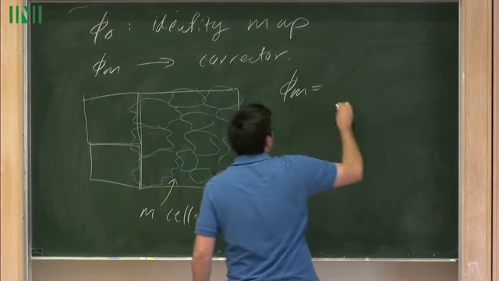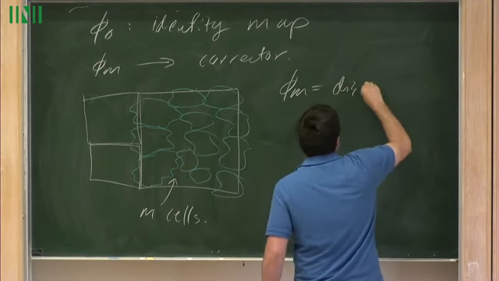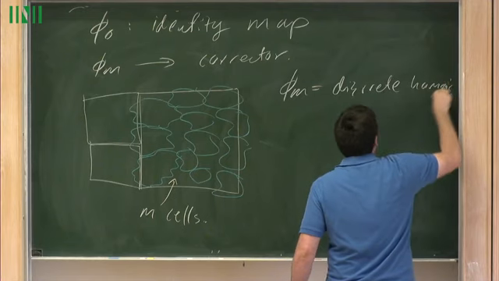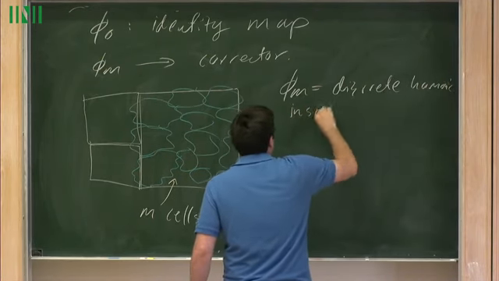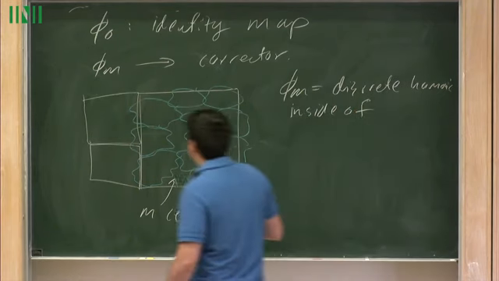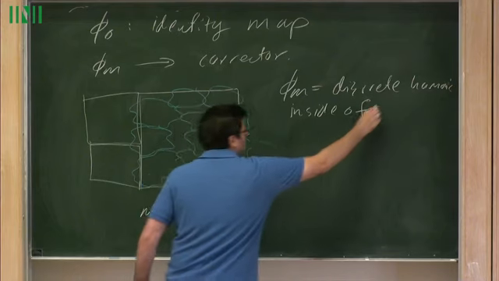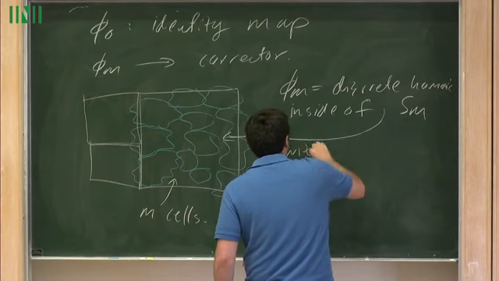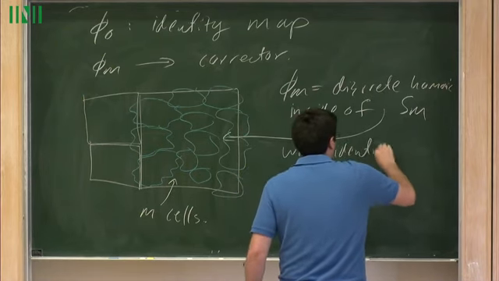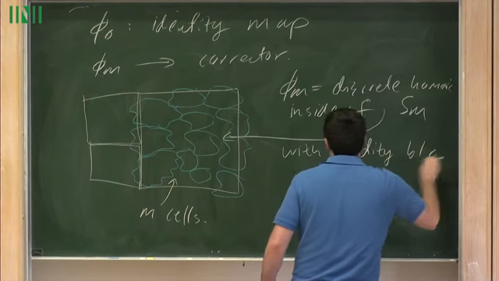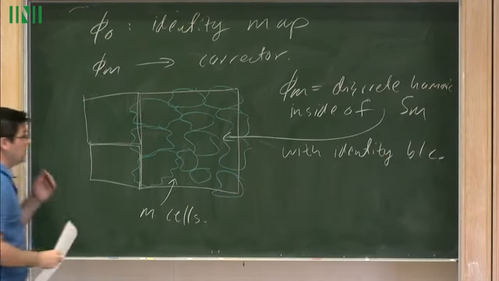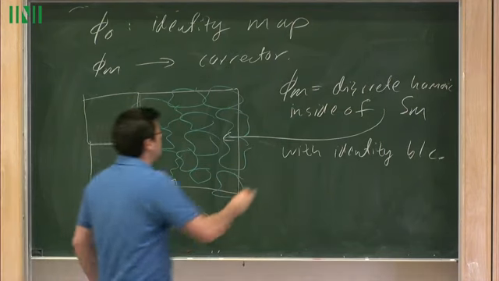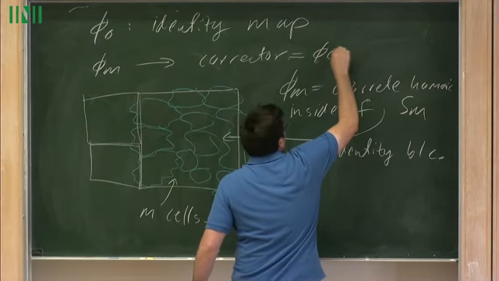is just going to be the function which is discrete harmonic inside of the square. So let's say this square is S sub m, and it has identity boundary conditions. Okay? And so what one wants to do is take a limit of these phi sub m's, and they're going to converge to this limit phi sub infinity.